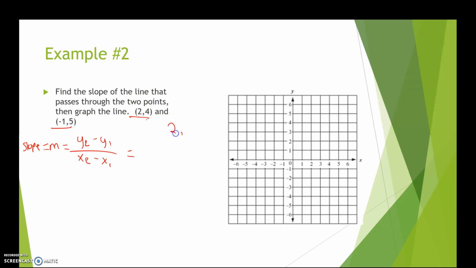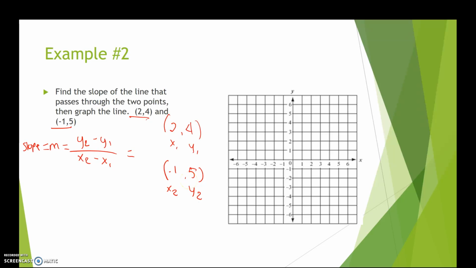We can label this 2, 4, my ordered pair. I'll have 2 be my x1, and my 4 be my y1. Negative 1, 5. Negative 1 will be my x2, 5 will be my y2.